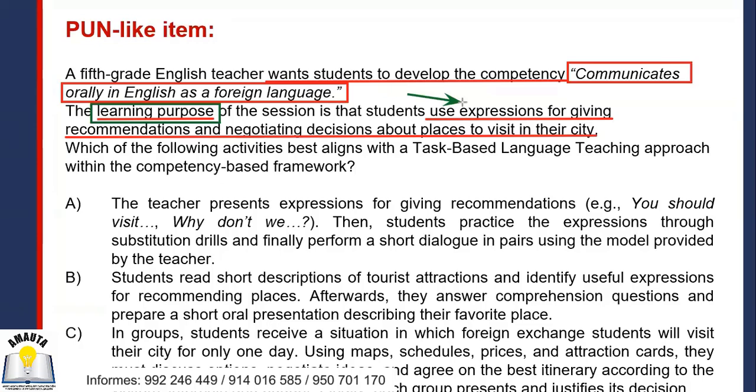Here we have language function. When they say giving recommendations, or negotiating decisions, the topic is places to visit in the city, but these two, giving recommendations and negotiating decisions, these are language functions. Remember, language functions.